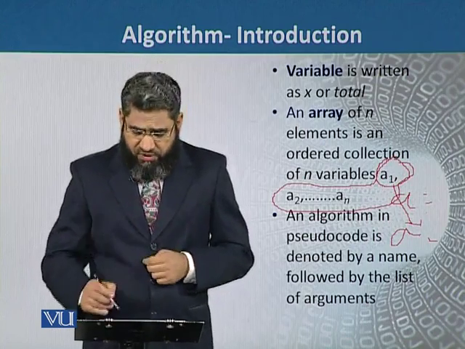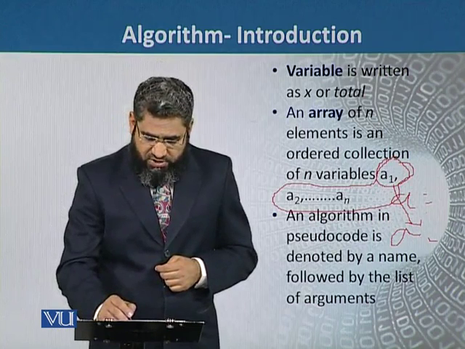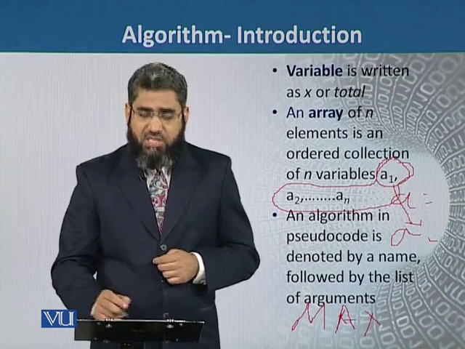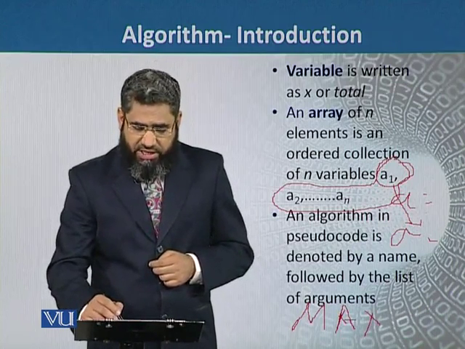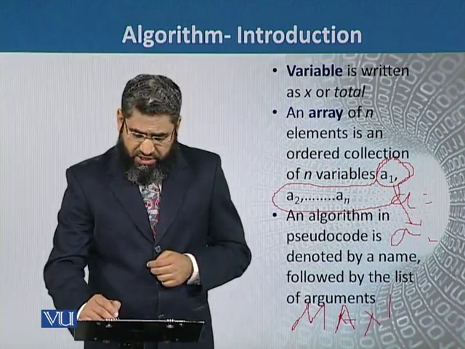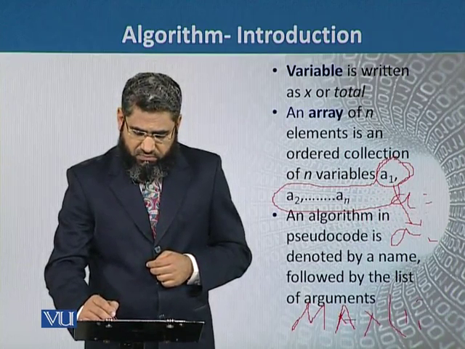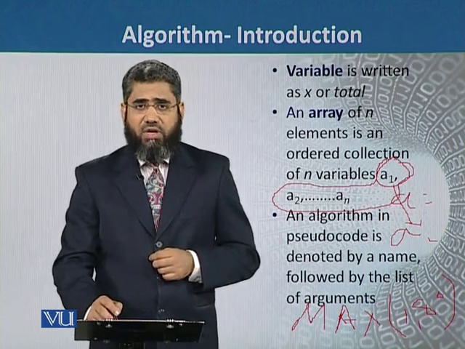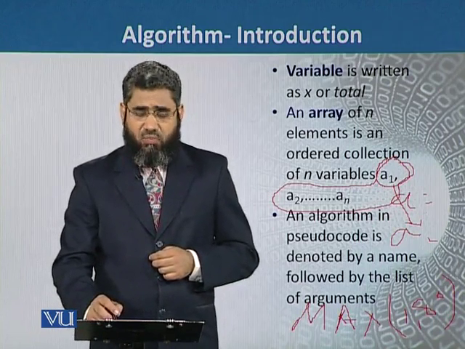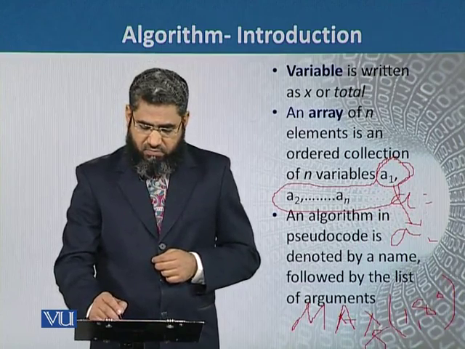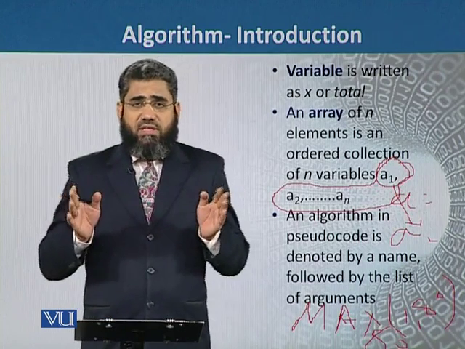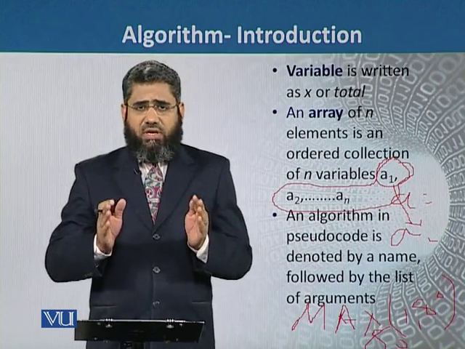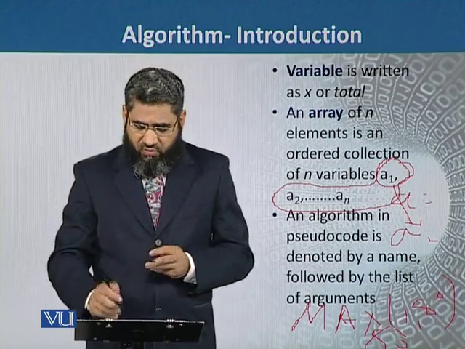In this example, if we want to calculate the minimum value, this is the name of the algorithm, and then we have to calculate which one is the smallest, either 1 or 80. So 1 and 80 are the arguments and the answer is 1. So we can say that the arguments follow the name of the algorithm, and here they are 1 and 80.